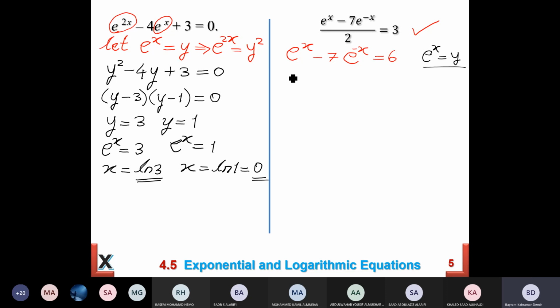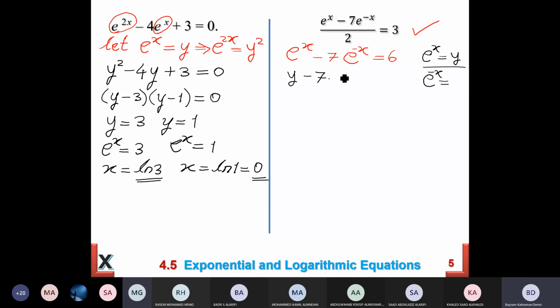Substitution. So we will get y minus 7 times... How about e to the negative x? What is e to the negative x, Shabab? 1 over y.